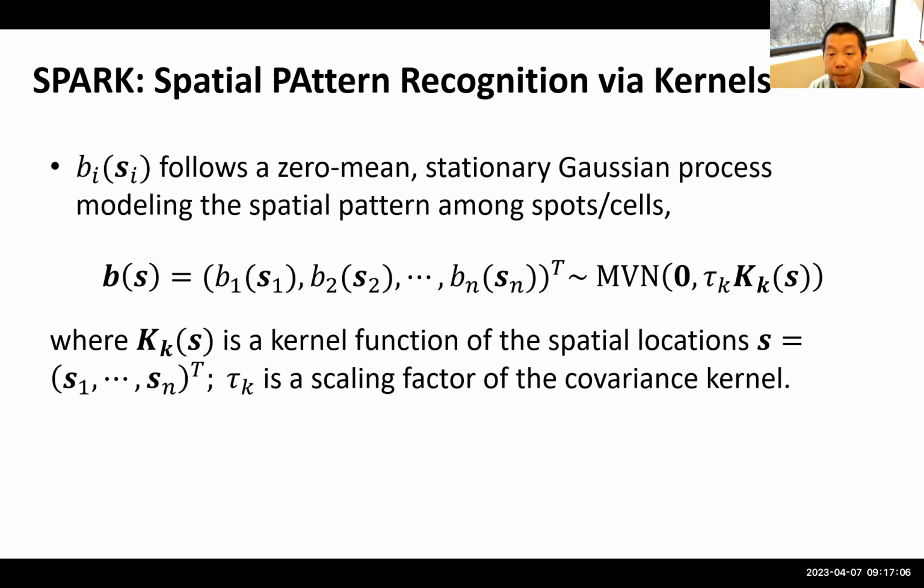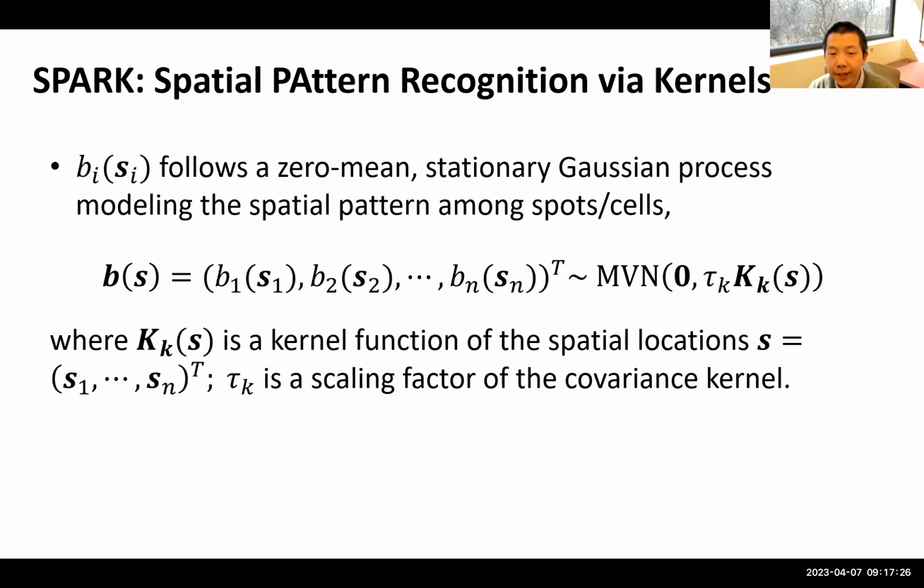And for this entire n by 1 vector, we assume it follows a multivariate normal distribution with mean 0 and a covariance term characterized by a K matrix here. So the K matrix is a kernel function of the spatial location. And the K matrix here tries to model the spatial expression pattern of the b's.